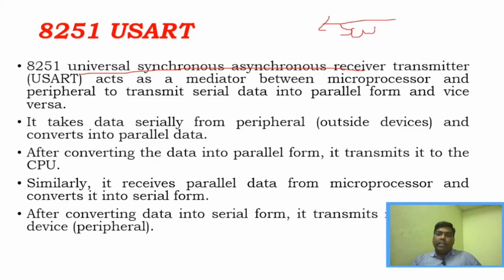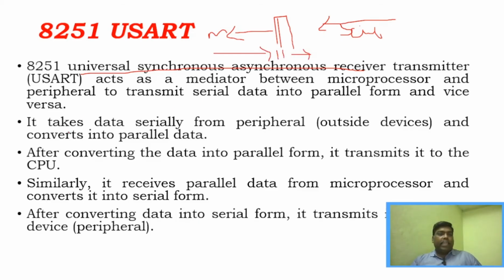So it will convert that serial data into parallel form and it will give that parallel data to the microprocessor. And similarly, whenever microprocessor sends any particular data, it will be in parallel form. So it will convert that parallel form into serial and it will transmit that particular data.